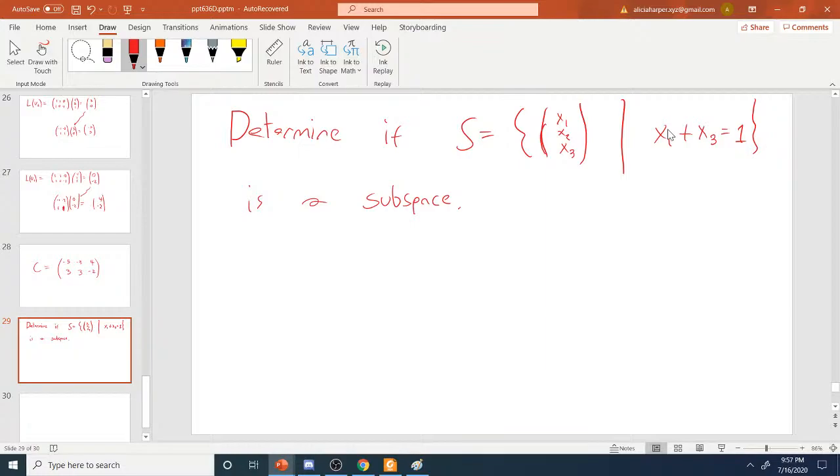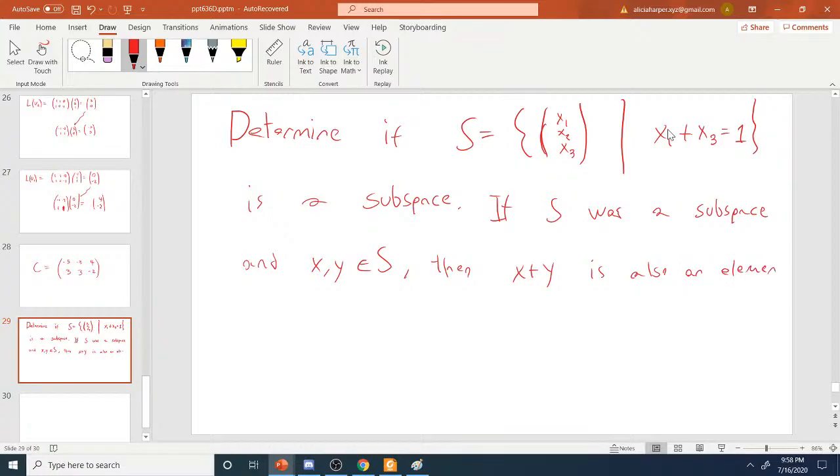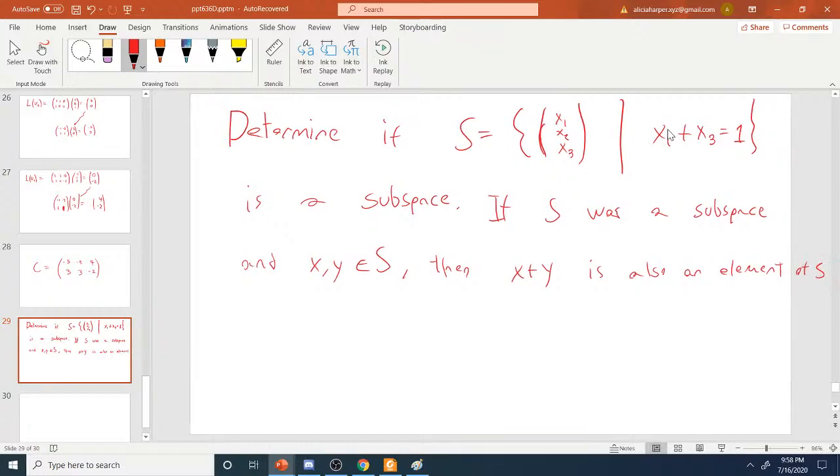So here's what we know. If S was a subspace, and x and y are elements of S, then x plus y is also an element of S. However, that is not true for this specific S, because, well, suppose we have x1, x2, x3, we know that x1 plus x3 is equal to 1.